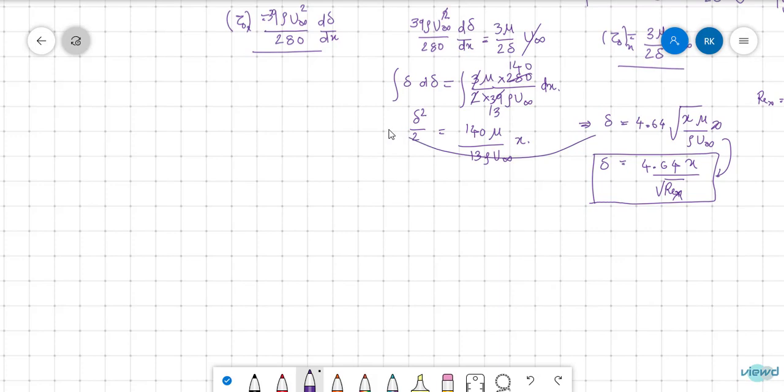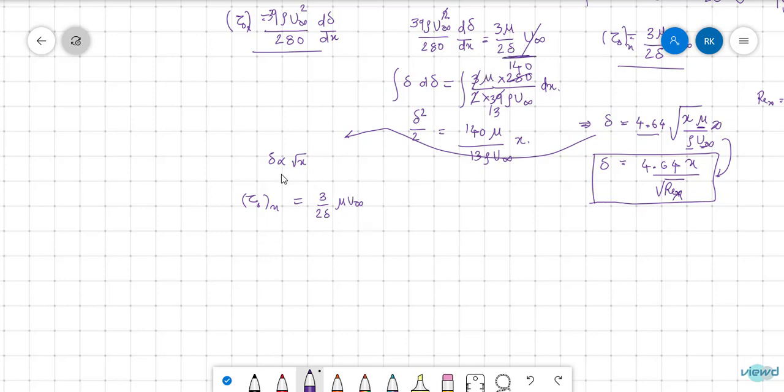So from this, there is an important relation: delta is directly proportional to root x. Mu is constant, u infinity is constant, rho is constant, and 4.64 is a constant. Now we have got this delta, so what will be tau? Tau naught x, we got as 3 by 2 delta into mu into u infinity.